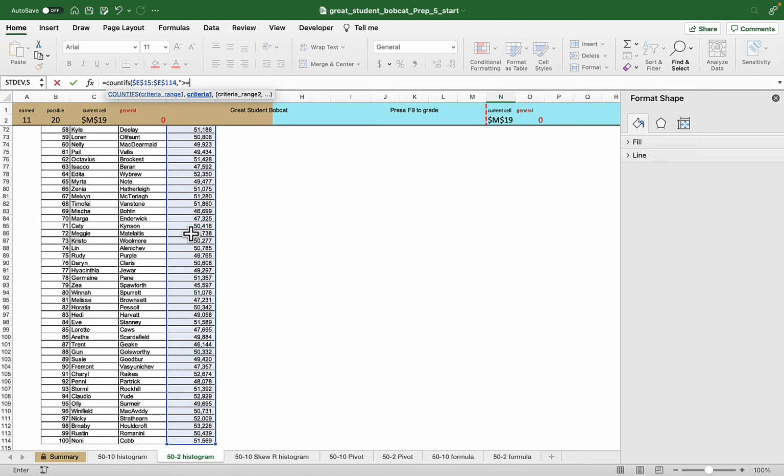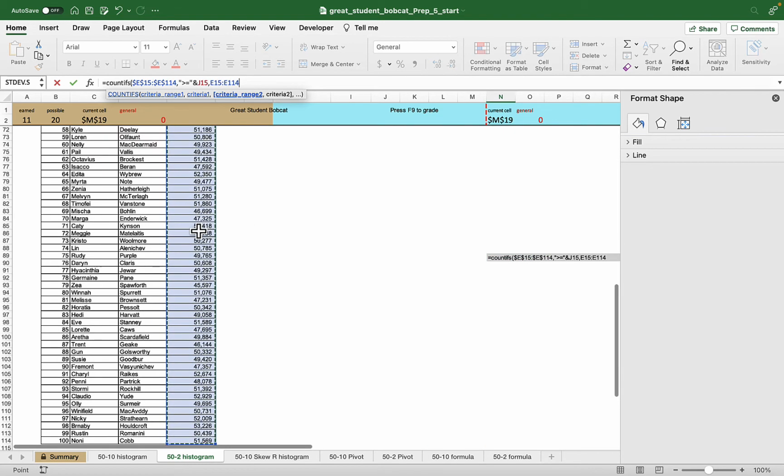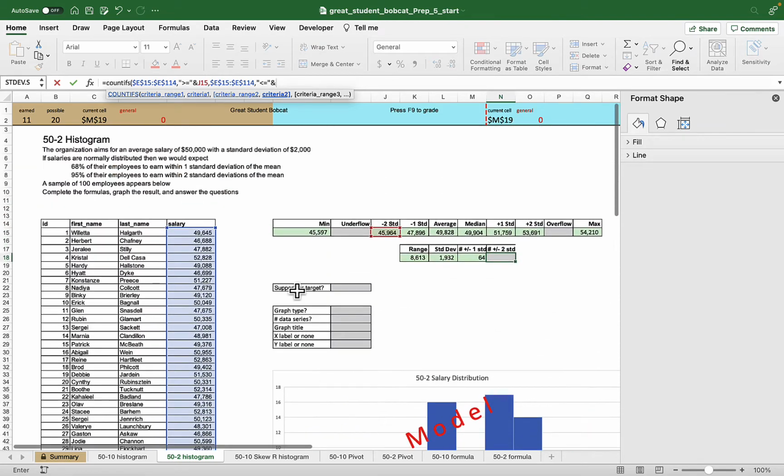Greater than or equal to the lower bound, 2 standard deviations, which is this one, and then same range, less than or equal to this upper bound of 2 standard deviations.